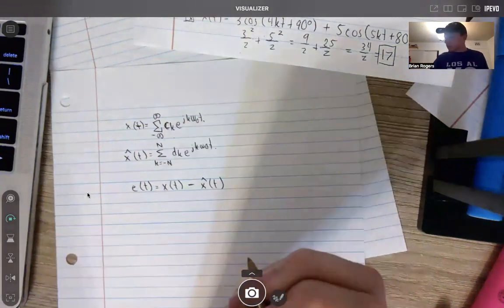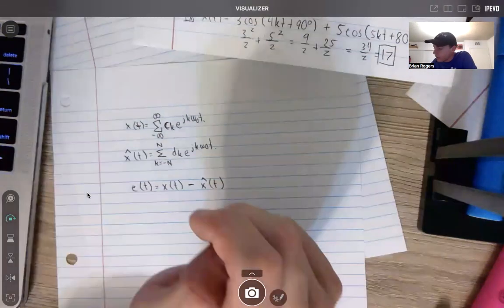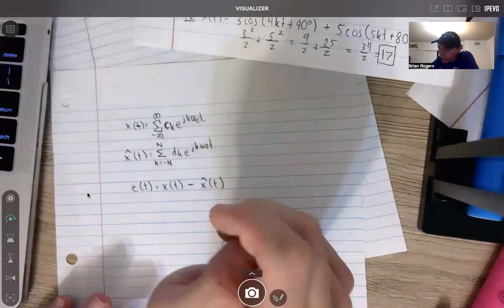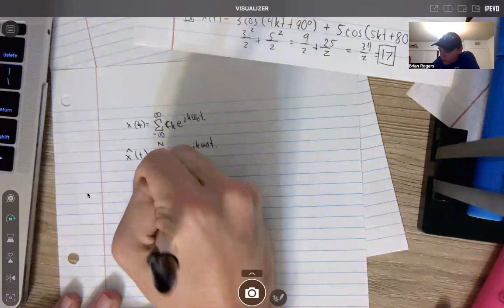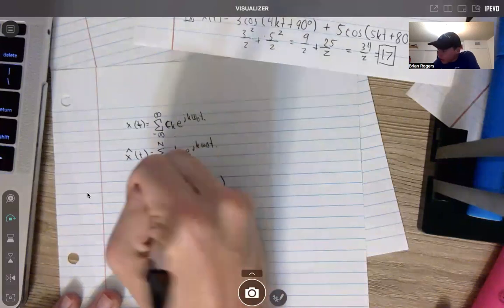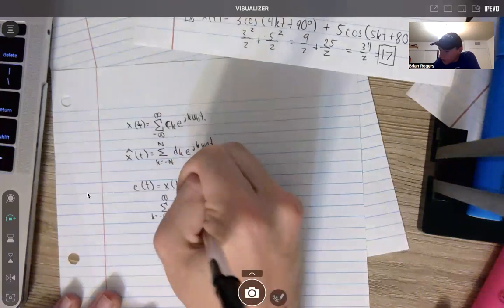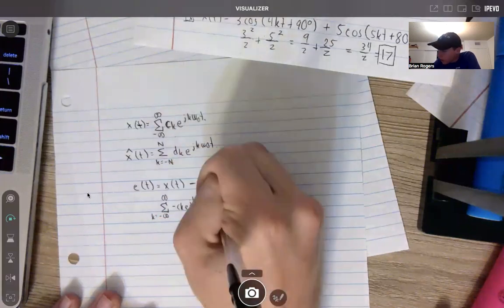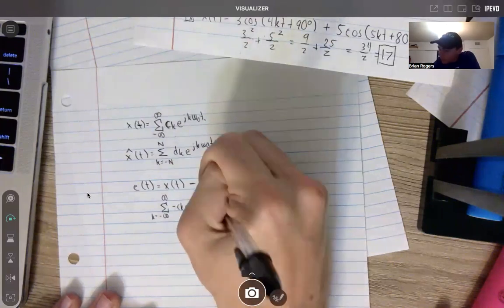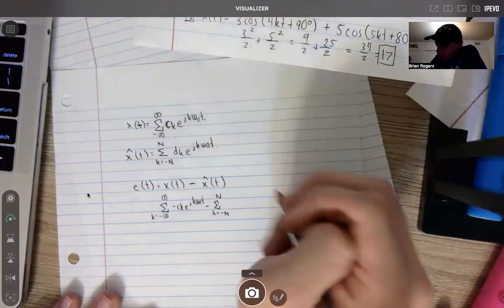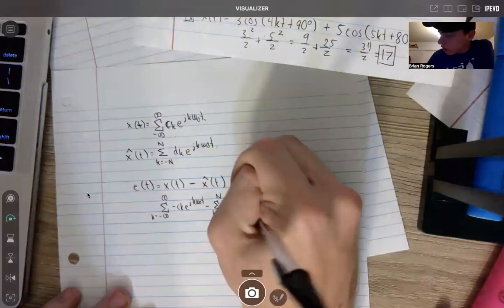And now that we got that, we have the summation. Here it's going to be from negative infinity to infinity of ck e to the jk omega naught t, minus the summation from k equals negative n to n, which is what our computer can handle, dk e to the jk omega naught t.